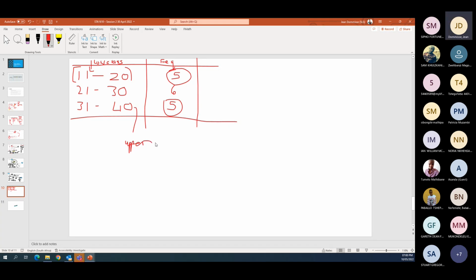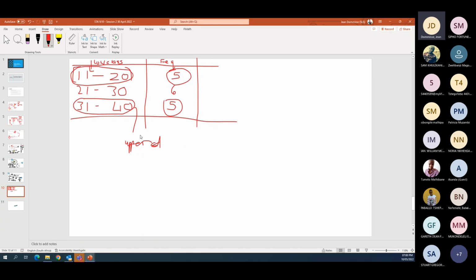It basically looks at that is your lowest class, because that is your lowest ages, and this is your highest ages. So it basically refers to how your distribution is.